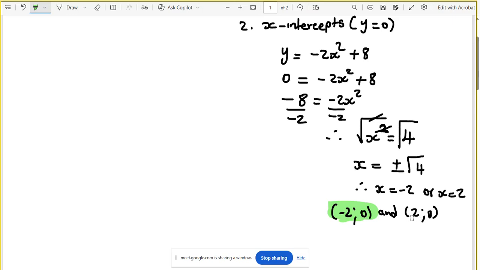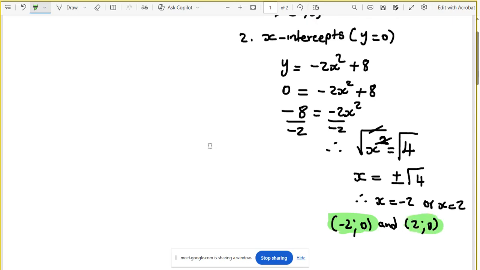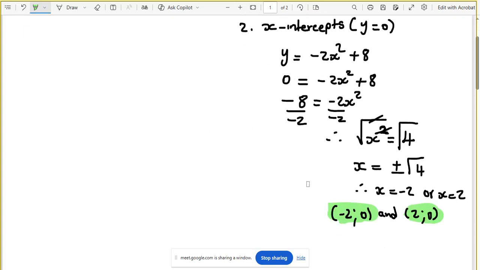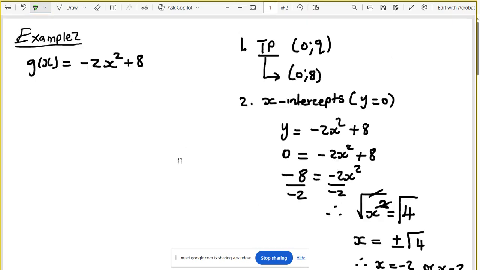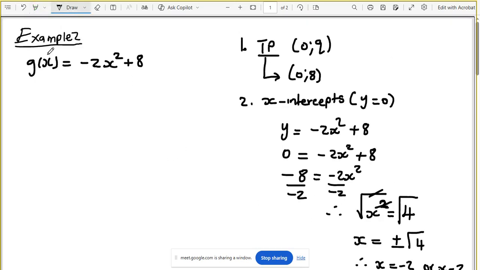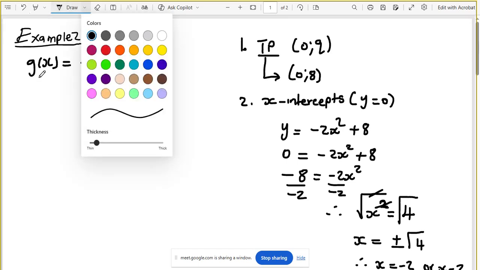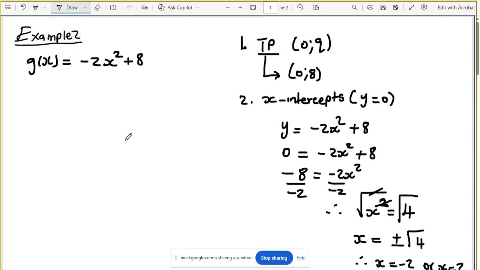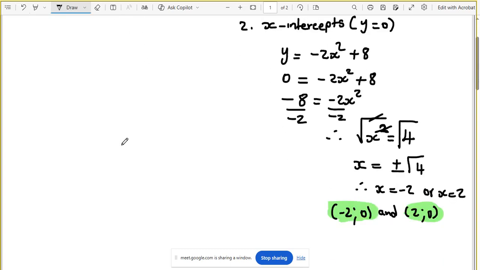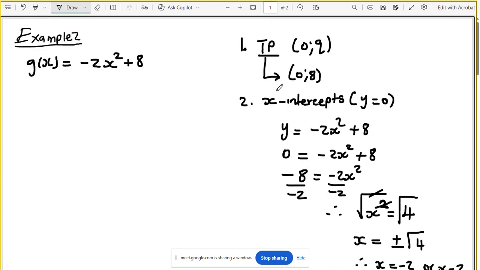The drawing that we're going to do, we need to indicate these x-intercepts. In the previous lesson, we did not have the x-intercepts, but in this one, we definitely do. So when you work with this one, you don't have to find the y-intercept. The y-intercept is your turning point, so you don't have to stress much about that.